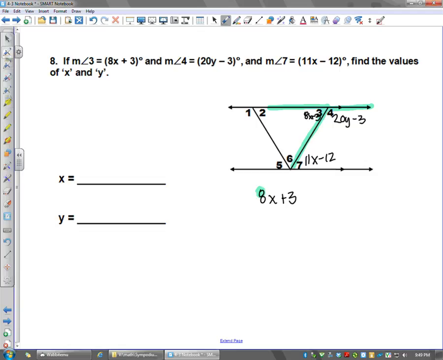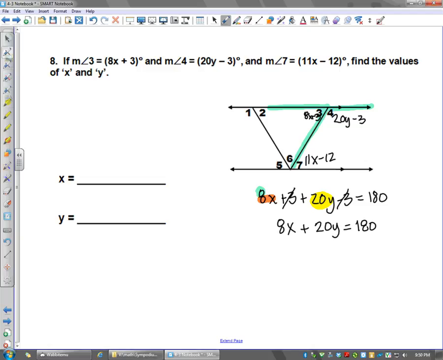When I add these together, okay, there's nothing to pair with the 8x, and there's nothing to pair with 20y. Now, it just so happens that the 3's cancel each other out, and so I can rewrite this equation so it looks like this. 8x plus 20y is equal to 180.